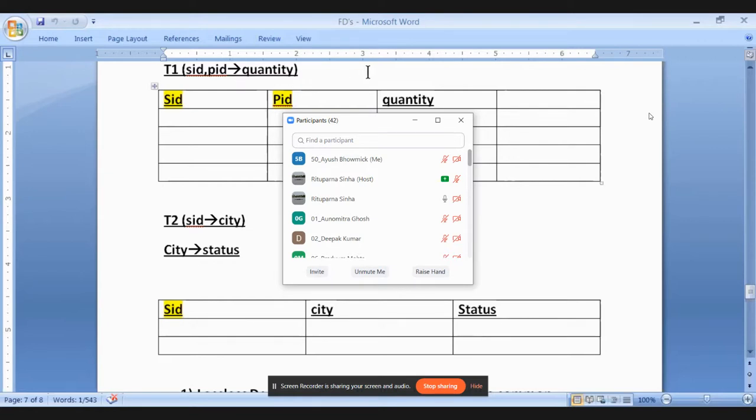Now, again, I will ask. Sneha Chatterjee. Yes, ma'am. Tell me, if you look into the T1 table, can you say whether T1 is in 2NF or not? Just the T1 table.